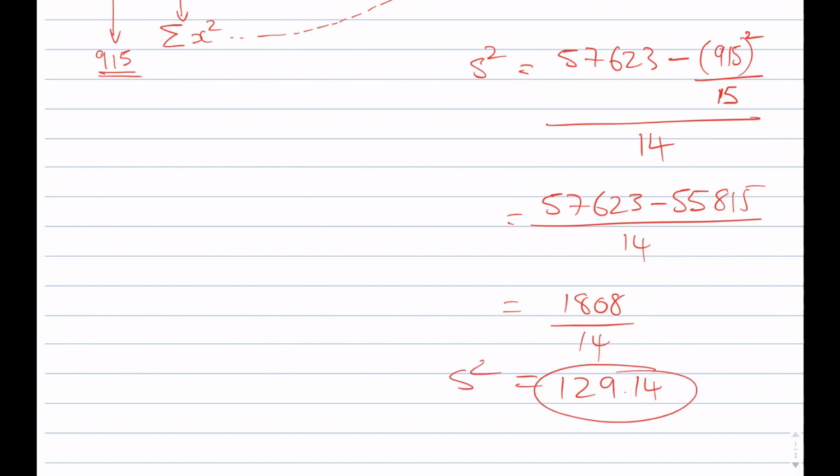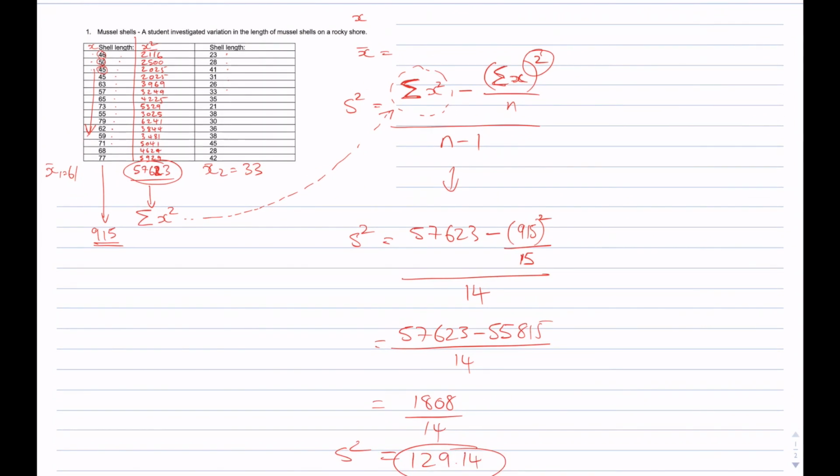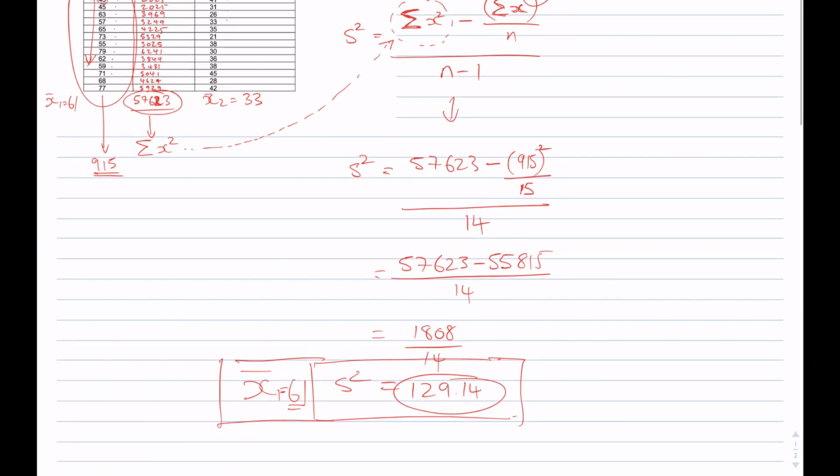Okay, so the variance of my first population is this, and the average for that first population was 61. So I've got my two parameters that I'm going to need to calculate t in the equation later.